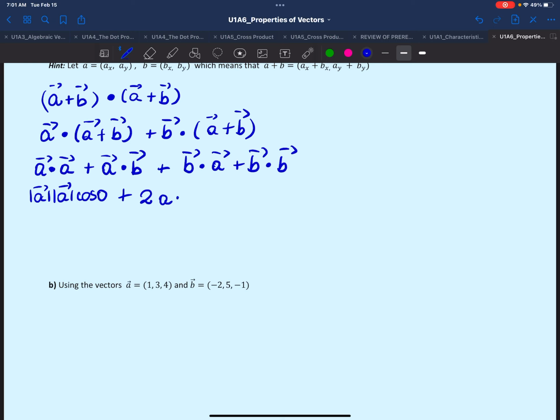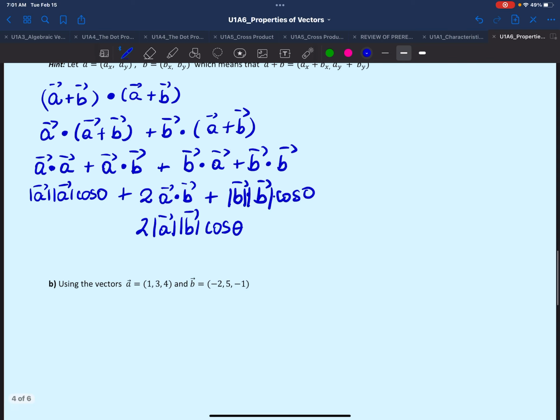So we're going to say that A dot B on its own would be equal to magnitude of A, magnitude of B, cosine of the angle between A and B. On the other hand, A times A cos 0, that would be magnitude of A squared.